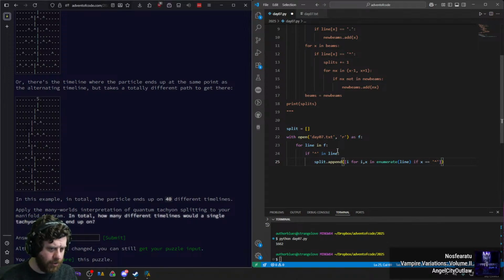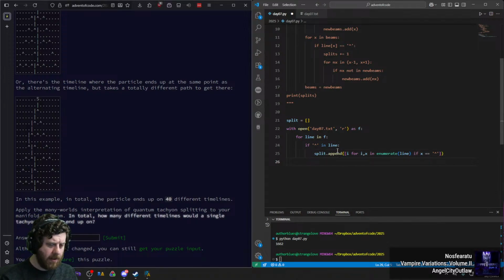So it's going to give me the locations per line. And then I want to reverse the whole thing. So split, reverse.